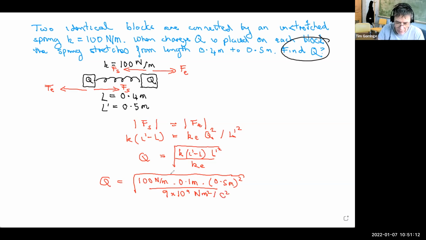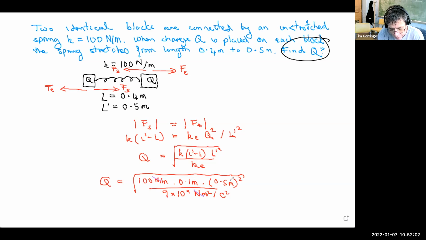If you look at all the units in this equation here, what you see is a lot of cancellation. The newtons in the numerator cancel with the newtons in the denominator. In the numerator, there's a meter squared, another meters here, but an inverse meters here.